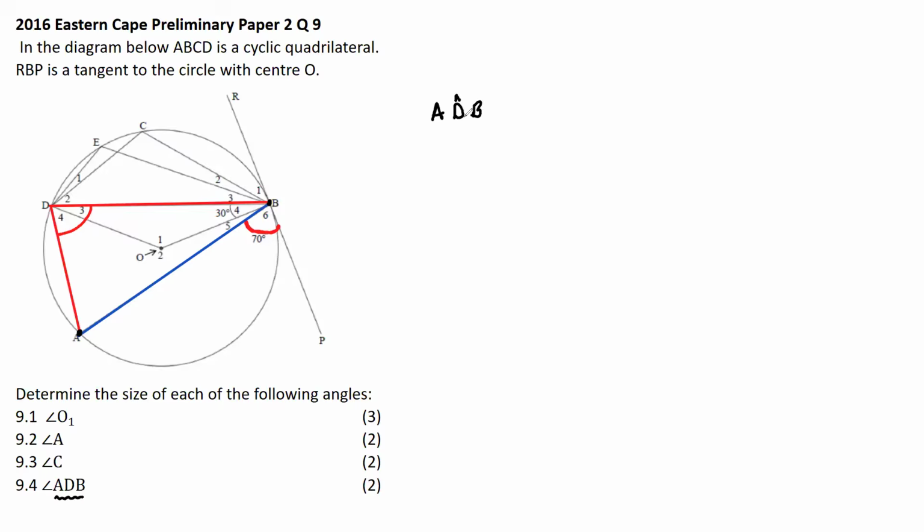The theorem says an angle drawn from the tangent of a circle to the chord is equal to the angle subtended by the same chord in the alternate segment. As a shortcut, that's the Tangent-chord theorem. So at the end of the day, ADB is 70 degrees. Your reason is Tangent-chord theorem. That's your reason for that one there on 9.4.